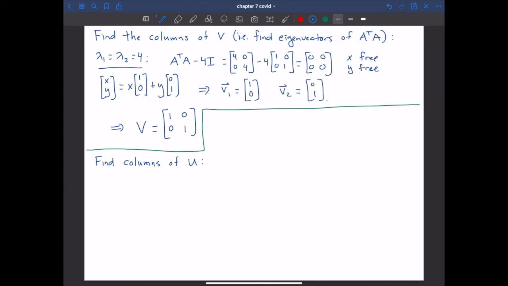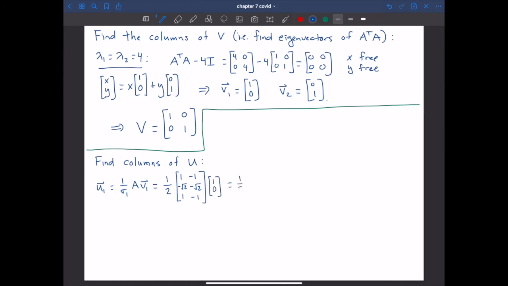Our first column, U1, is going to be 1 over sigma 1 times A V1. So this is 1 over 2, that's our first singular value. Our matrix A is 1, negative 1, a pair of negative root 2's in the middle, and then a 1, negative 1 here. And our V1 vector is 1, 0.